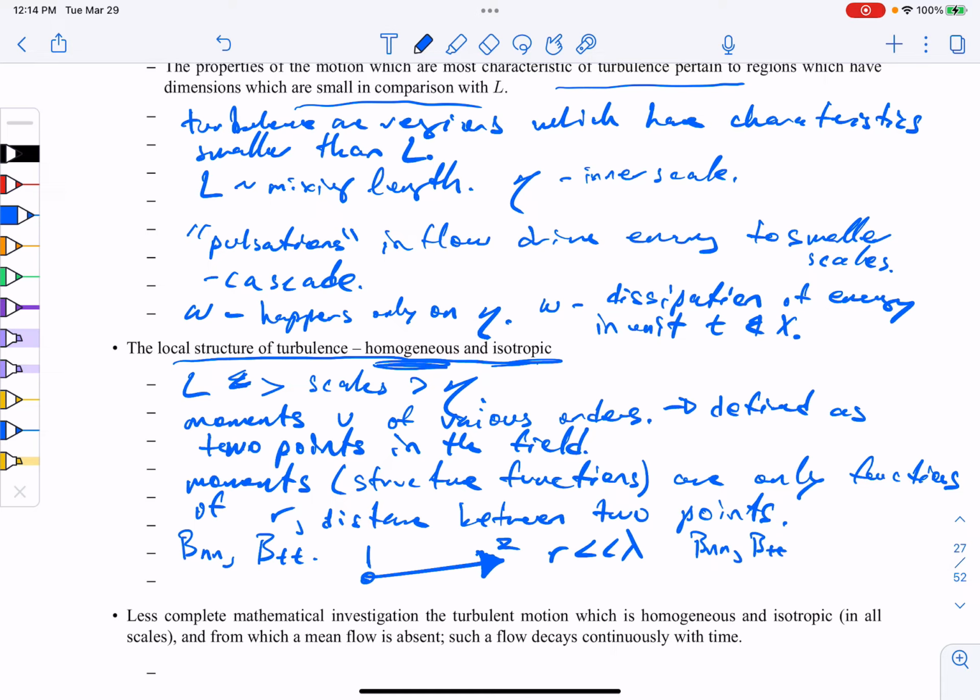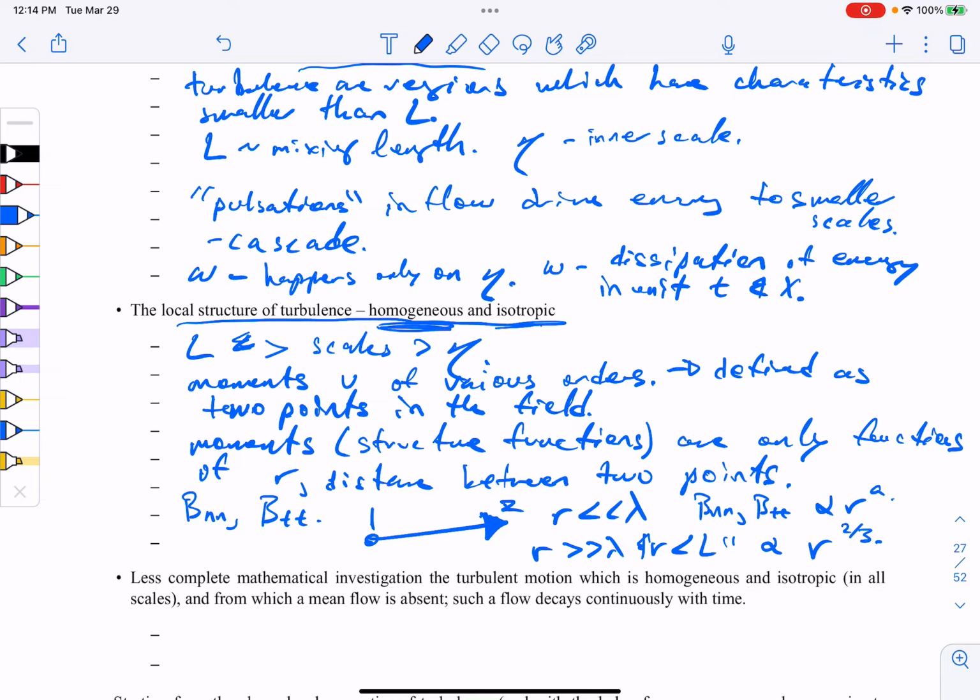All these moments and higher order moments go as r to some constant A. And between the range of r greater than lambda and r less than L, they should be proportional to r to the 2/3. I can never remember these coefficients. And A might be some constant, which we don't know exactly. And this is actually published in, let's see, 1941 by the same author, Kolmogorov.